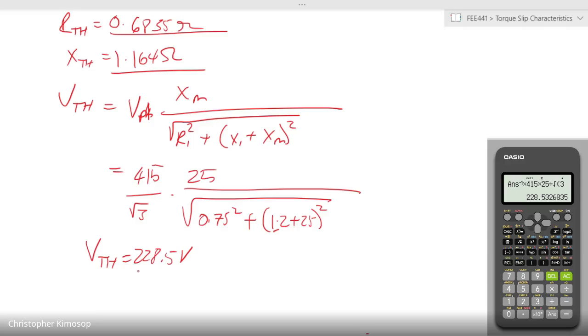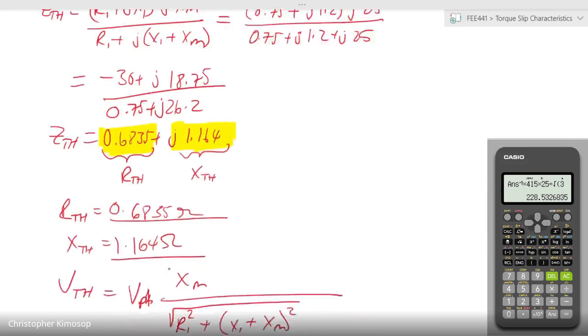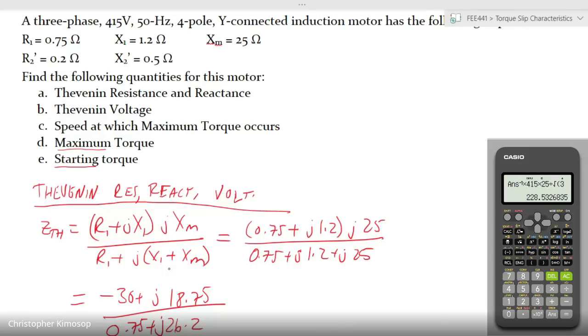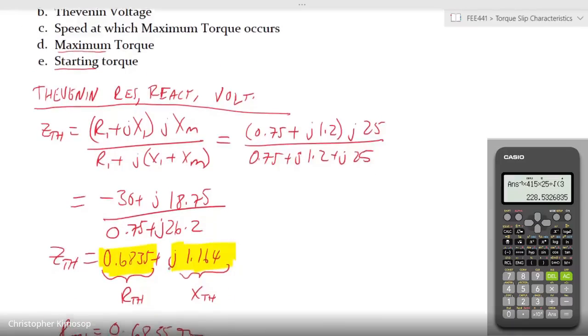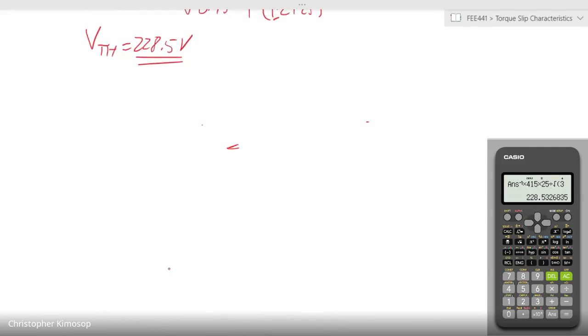So we've gotten our Thevenin voltage and our Thevenin resistance and reactance. Now we look for the speeds. What is the speed at maximum torque?